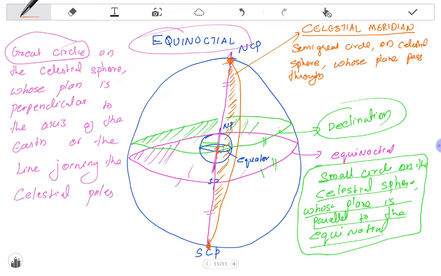And this plane is passing through the north celestial pole and the south celestial pole, right? So it passes through the celestial poles.